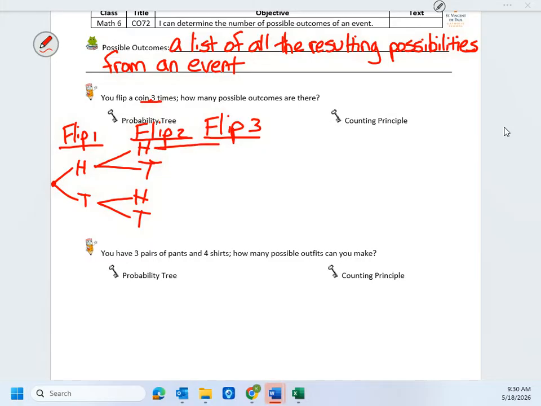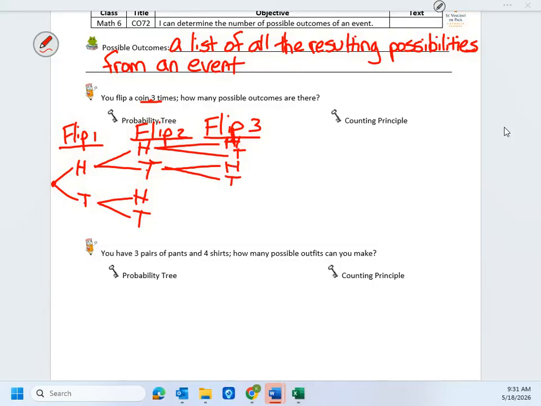So if I flipped heads the first time, and then I flipped heads the second time, now I'm flipping it a third time, my possible outcomes, heads or tails. Then if I flipped heads, flipped tails, my third flip, I could get heads or tails.